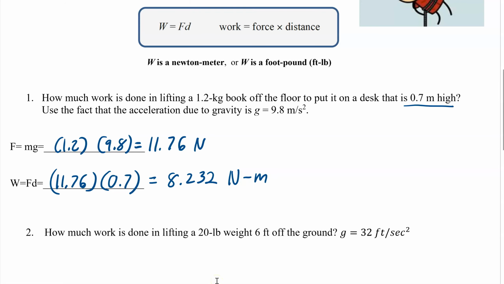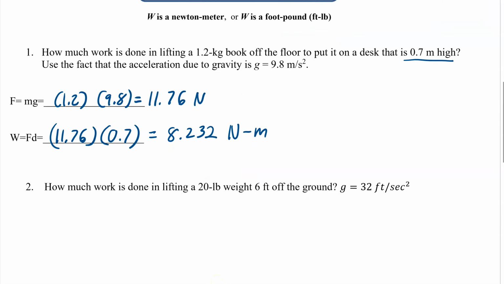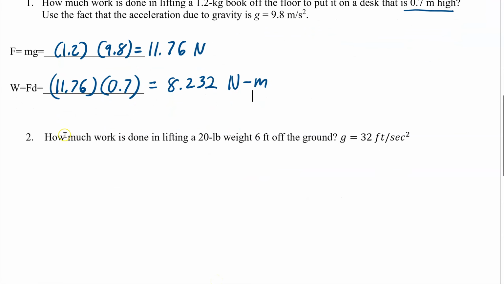There's your work. So let's try one with American units, and they're going to get tricky like this. It says how much work is done in lifting a 20-pound weight. When they say weight, they're not saying it's a mass. They're saying that acceleration's already been thrown into it. So we do have gravity at 32 feet per second squared, but we don't need to use it. Our force is already given. It's 20 pounds.